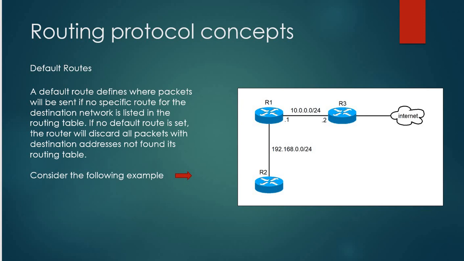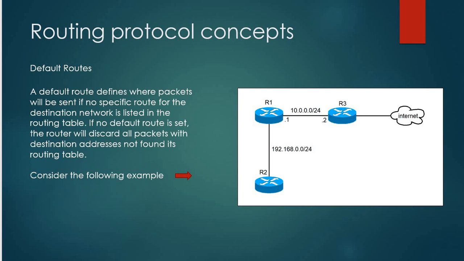And the default route defines where packets will be sent if no specific route for the destination is listed in the routing table. If no default route is set, the routers will discard all packets with destination addresses not found in routing tables.